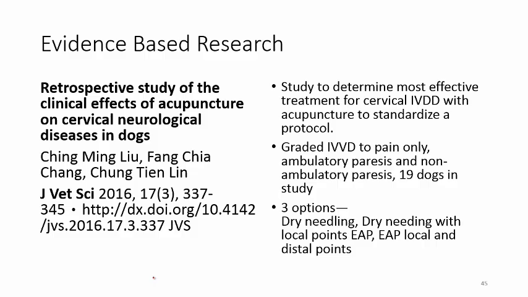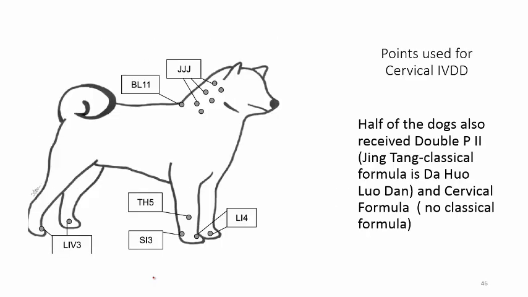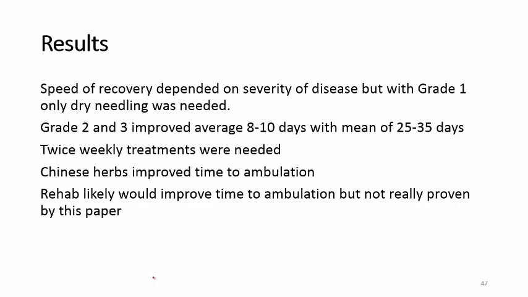They did dry needling with local points, and electroacupuncture with local and distal points. And half of the dogs got double P2 as well, and that's your Jingtang formula, and also the cervical formula. And these were the points that he used for his cervical IVDD.